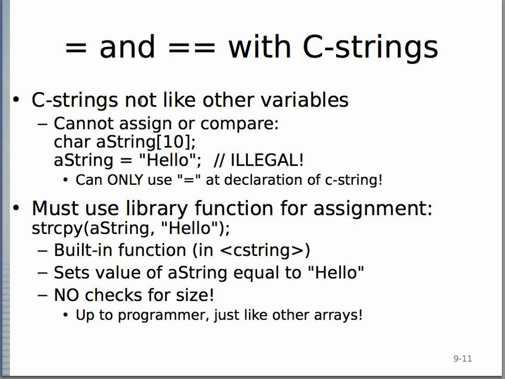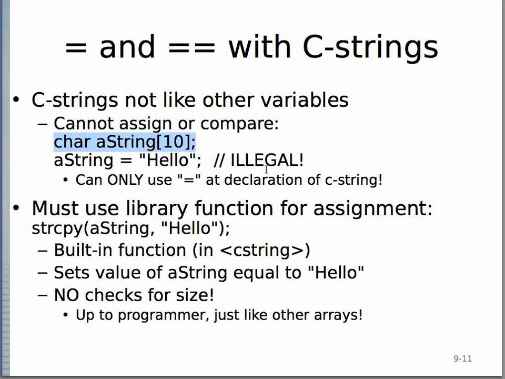So for example, C strings are not like other variables. You cannot, for example, assign or compare. So for example, if you declare a char array with 10 locations, unless you are assigning a value right at the declaration, assigning some other string to it later on is illegal.